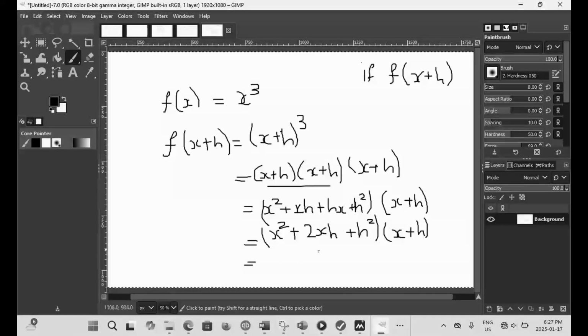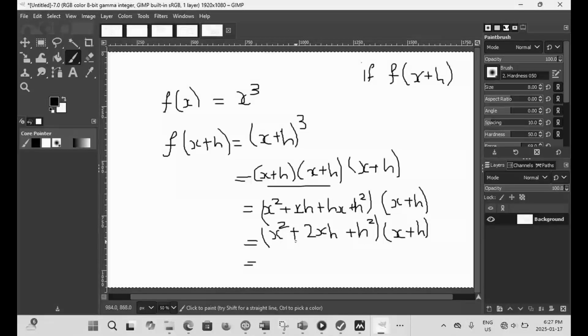Now you want to multiply whatever is inside the bracket with the stuff that is outside the bracket.